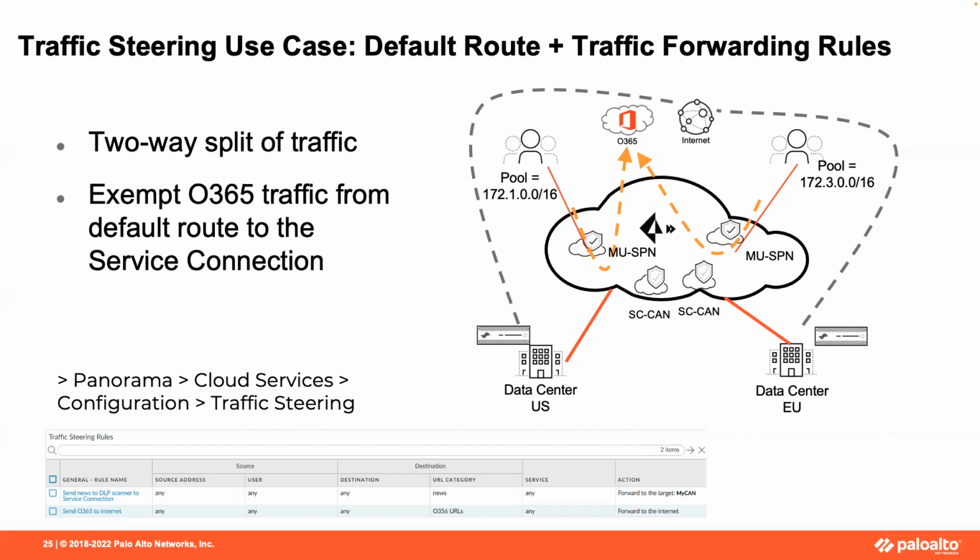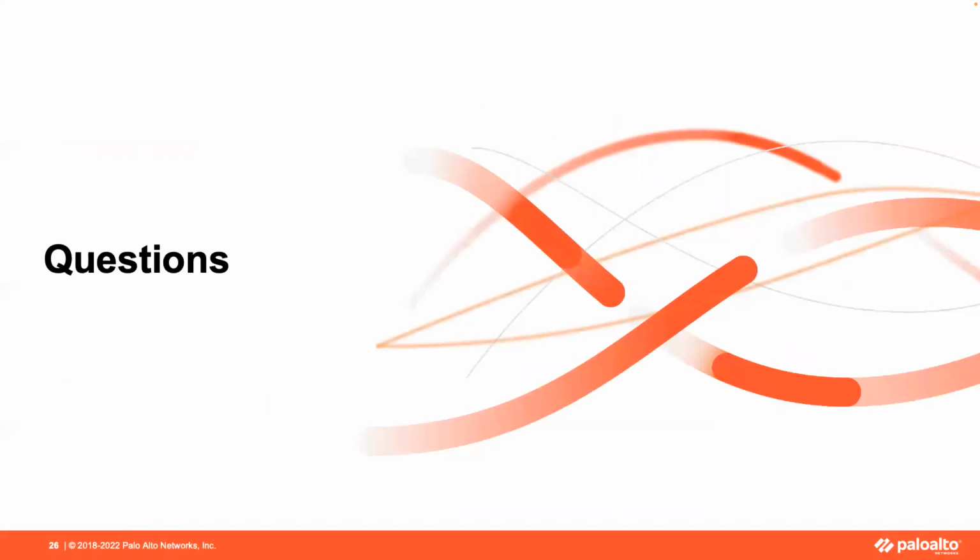But if I'm trying to use DNS, that needs to go back to a data center where my DNS server is. So I can create traffic forwarding rules to make all of those things happen. So this is pretty cool stuff.